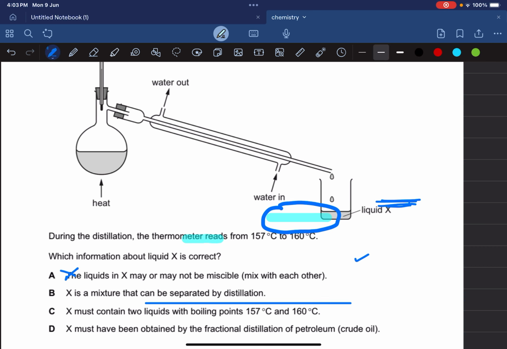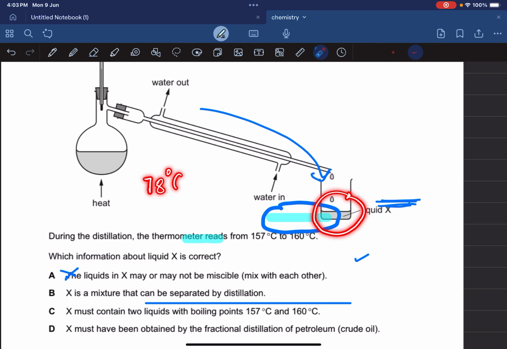Now, the important thing over here is that because the reading on my thermometer while distilling ethanol was 78 degrees Celsius to 80 degrees Celsius, I cannot say that it is a mixture, okay?